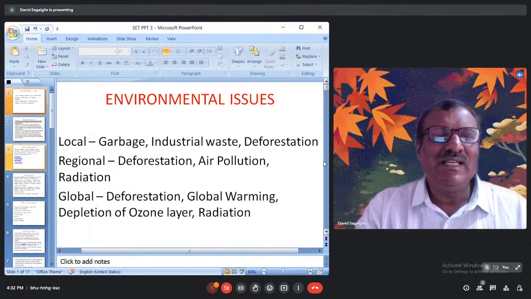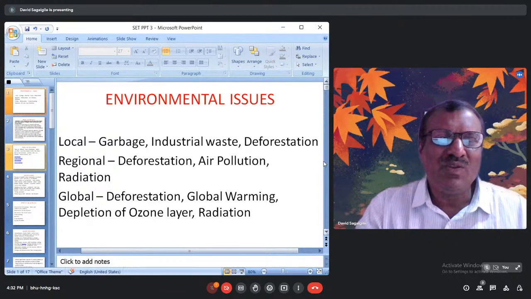We see that because of the smoke and the pollution caused by the burning, and because such a huge forest cover is lost, it is causing problems not only for the ecological system but also oxygen generation is reduced. So it is a global phenomenon. Just in one area, deforestation is happening and it is affecting the entire world.